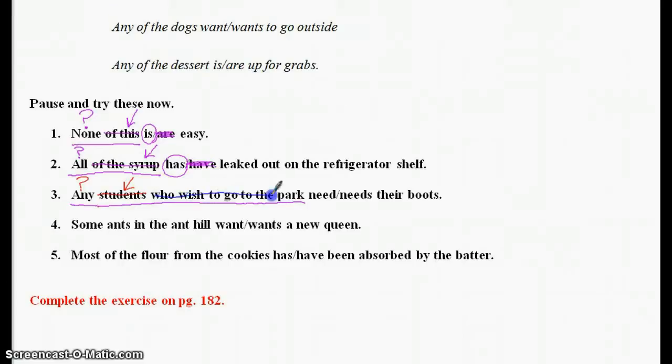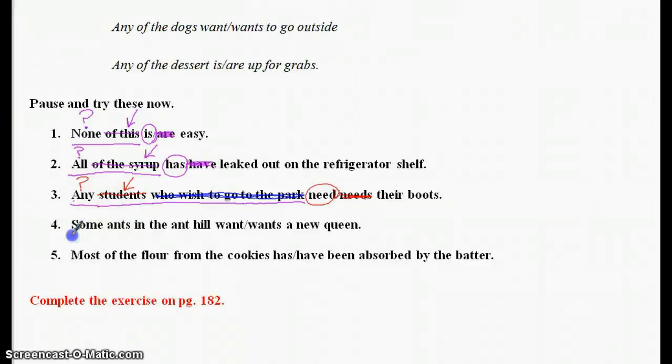That's right. It's an extra interrupting clause. Don't let that extra interrupting clause throw us because the students need their boots. Any students who wish to go to the park need their boots. It's a tough one because of this extra interrupter. And because the prep phrase here is ellipted, we lose of the. Any students need their boots.